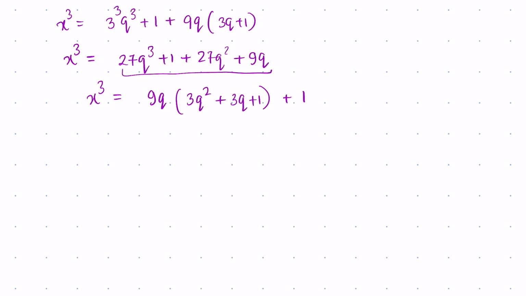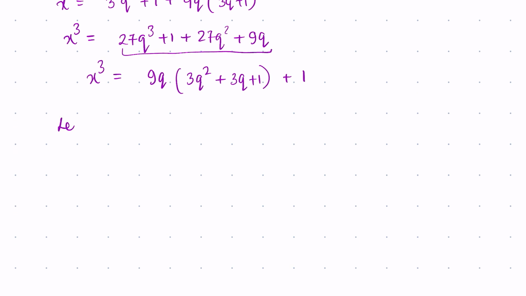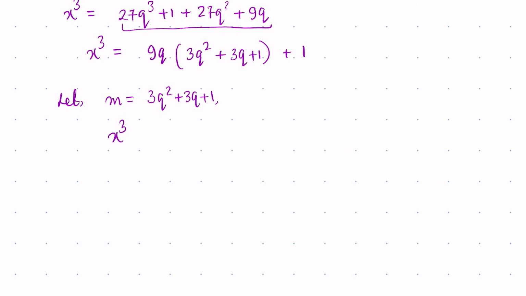So let m equal 3q squared plus 3q plus 1, then we get x cubed is equal to 9q multiplied by m plus 1.